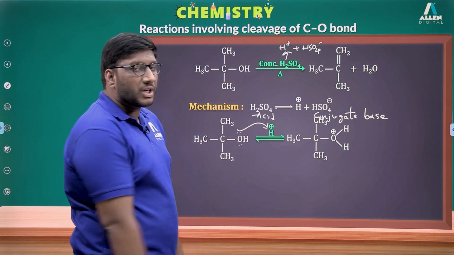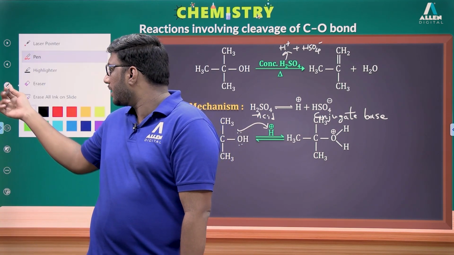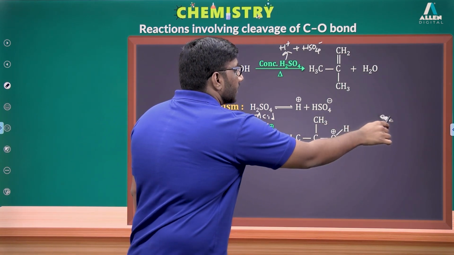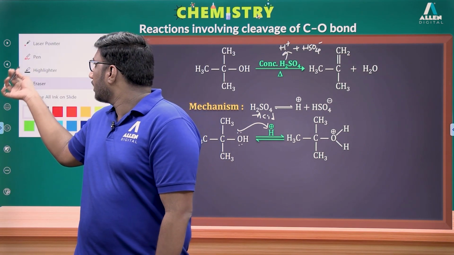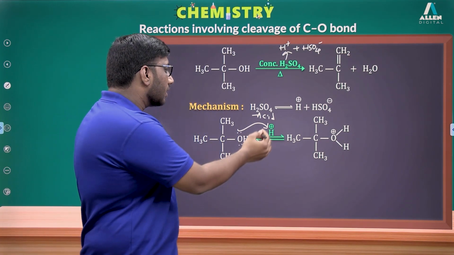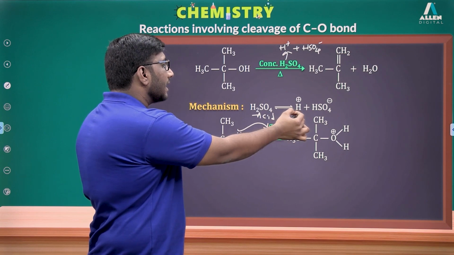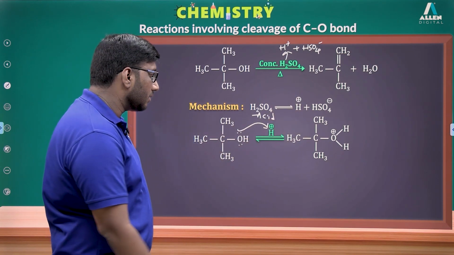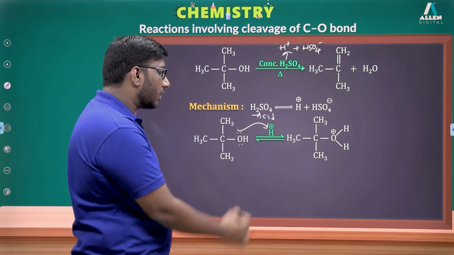You are going to form a new OH bond. Look carefully. Whenever H2SO4 gives up the H+ ion and it is attacked by the lone pair of electrons on oxygen, a new OH bond is formed.